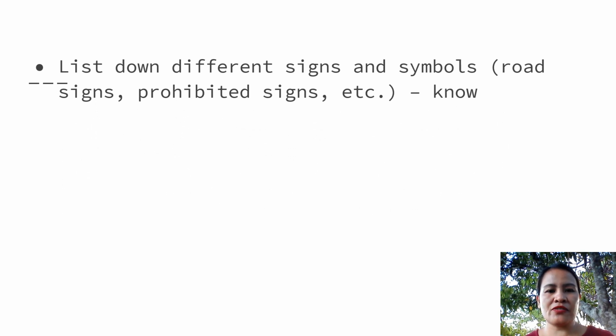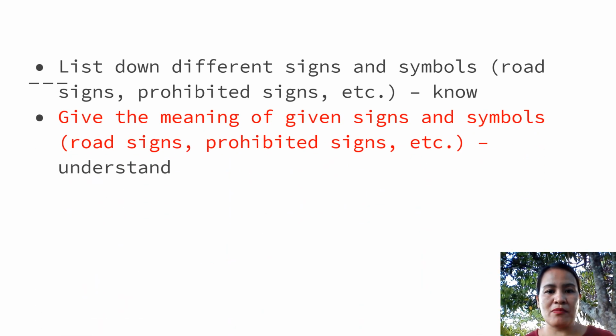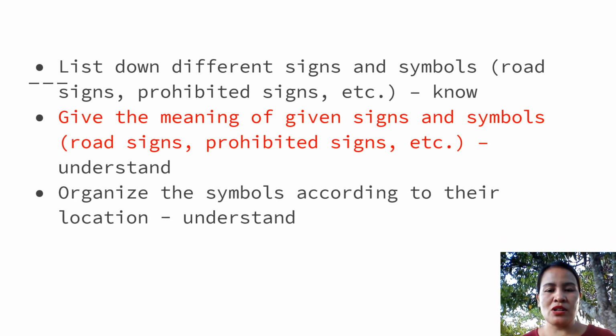So we have here, the first, starting from remembering: list down different signs and symbols. That is road signs, prohibited signs, and others. The second one is give the meaning of given signs and symbols. This is now the learning competency found in the CG. The third one is organize the symbols according to their location.